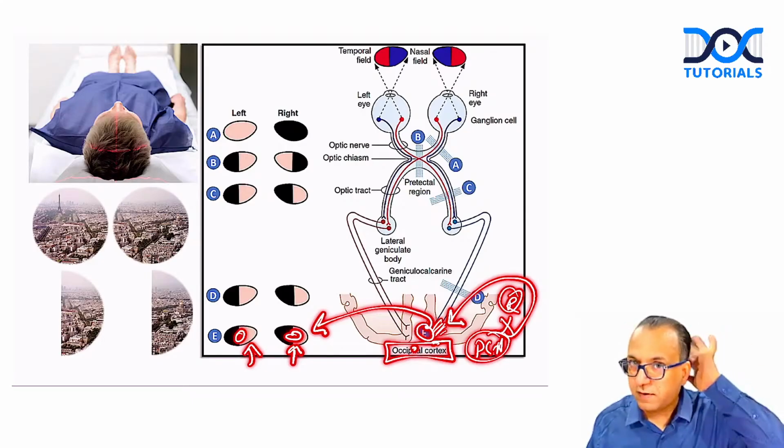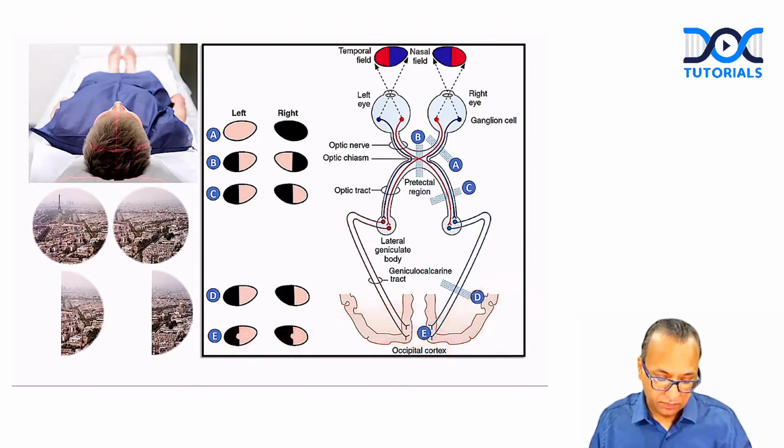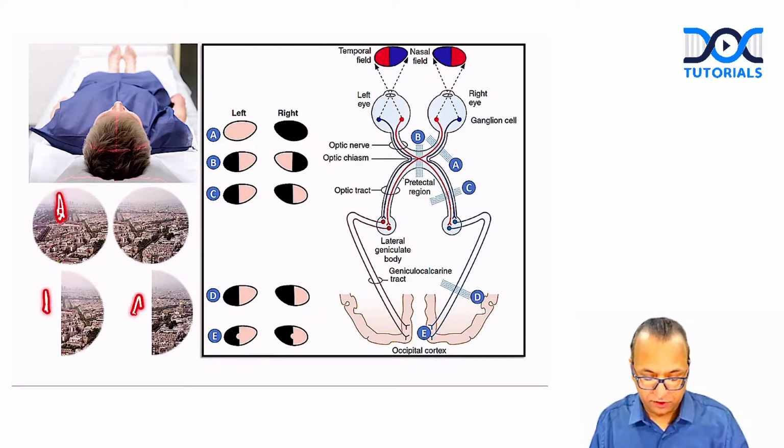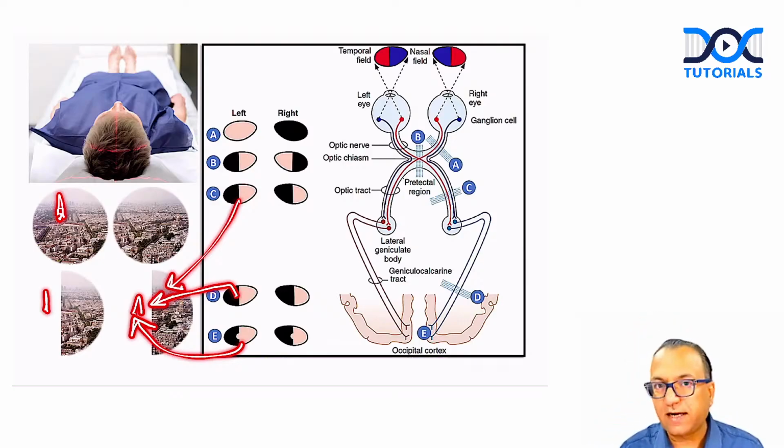So due to middle cerebral artery, the central vision is spared, macular sparing. You'll see this is the Eiffel Tower, normal visual field, binocular vision, but here the patient cannot see the Eiffel Tower. Why? Because these cases are contralateral homonymous hemianopia. Lesion is on the right side, but left half of each eye is blind.